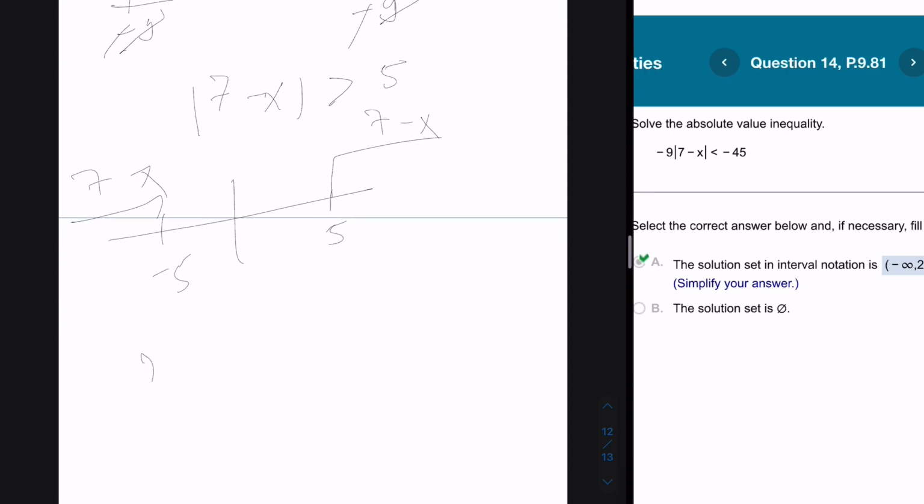So we have one equation as 7 minus x less than minus 5, and 7 minus x greater than 5.